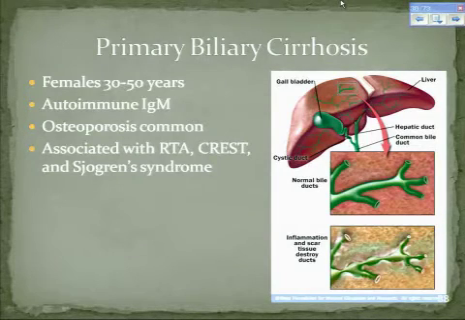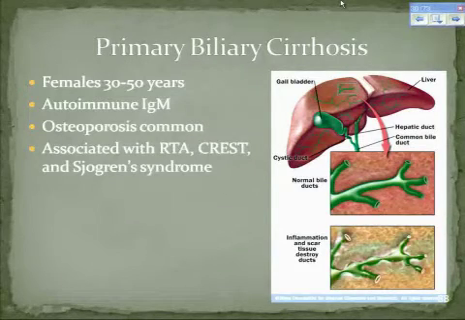A lot of these people have associated autoimmune problems such as CREST syndrome, scleroderma, Sjogren's disease, or Raynaud's disease as well, as you see. So you've got to be concerned about autoimmune IgM. That's what's causing this. You can see the normal bile ducts, how they eventually form into this common bile duct.